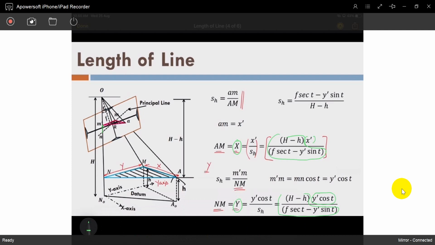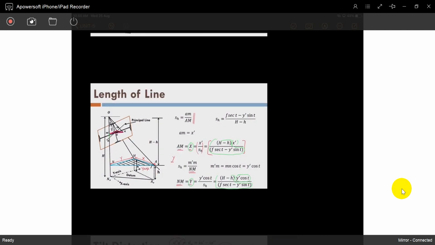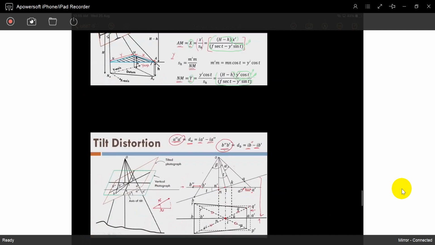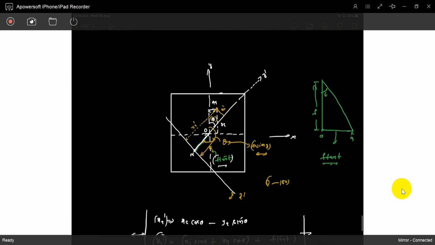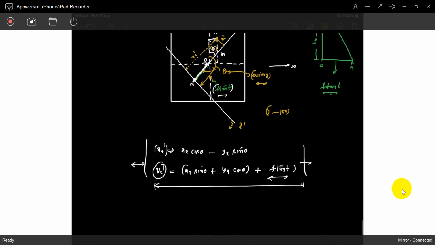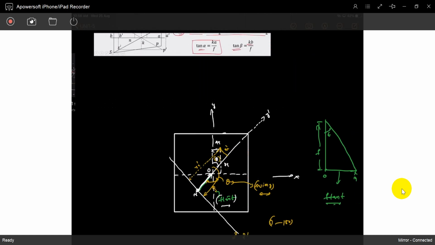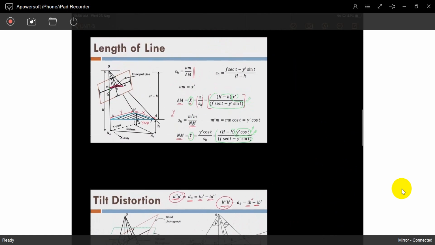Again cos t and sin t, because only in y do we have a problem. In x coordinates it comes normally; in y coordinates the problem arises because of this extra tail, this y tan t. So those are the coordinates on the ground.